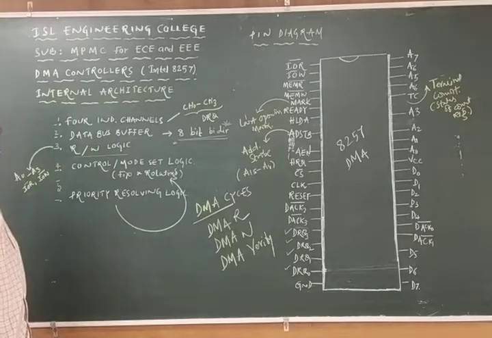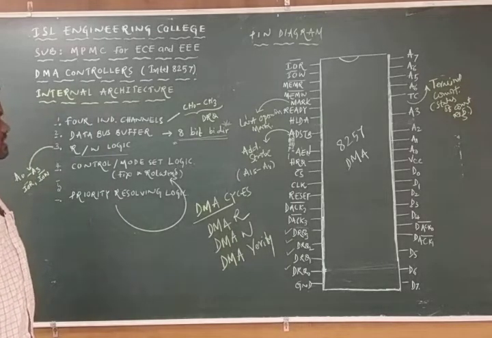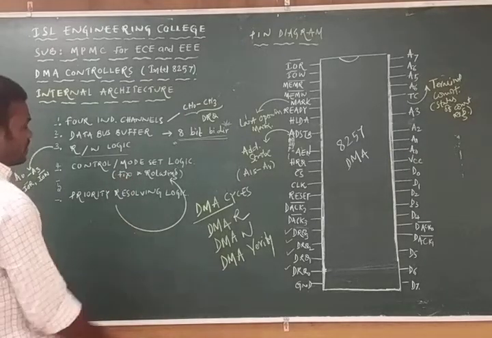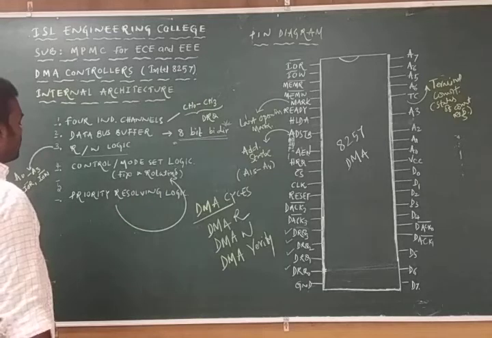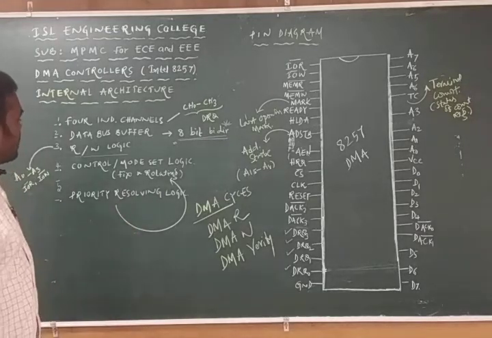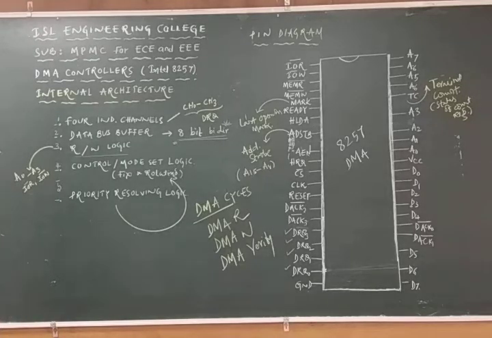So the control logic gives the mode in which the 8257 has to be operated, either fixed mode or rotating mode, and that is defined by the priority resolving logic. And these 5 are very important in the internal architecture of the 8257.